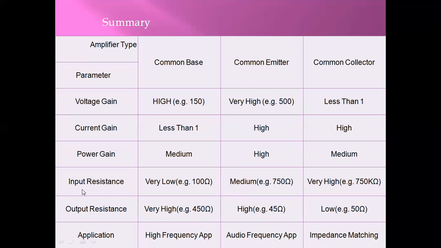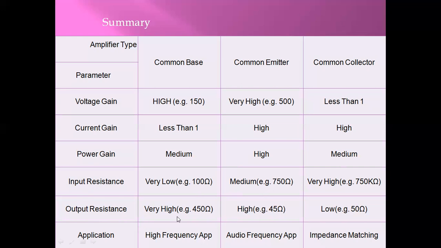Moving to the input resistance, it is very low, that is 100 ohms. Common emitter, it is medium, 750 ohms. Common collector, it is very high, that is greater than 750 kilo ohms.